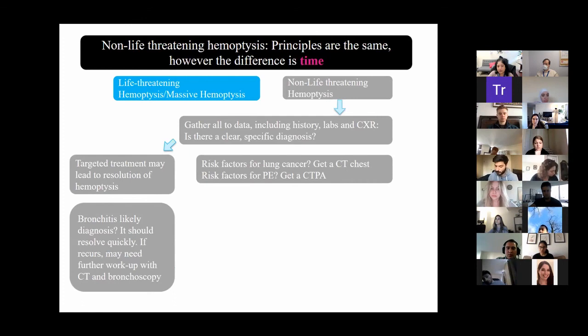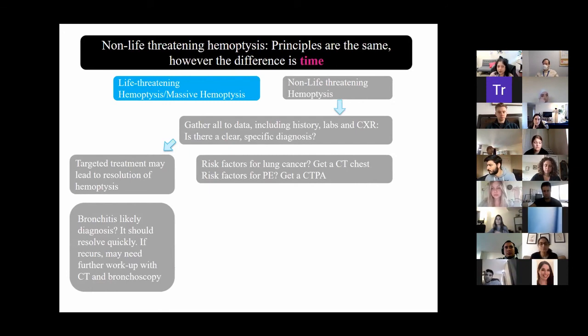What about a patient you see where it just seems like acute bronchitis? They give you the classic signs, URI, intractable cough, coming up with some productive phlegm, nothing else that's concerning at all. Their chest x-ray is normal, their labs are normal. So these are patients that should have self-limited hemoptysis.